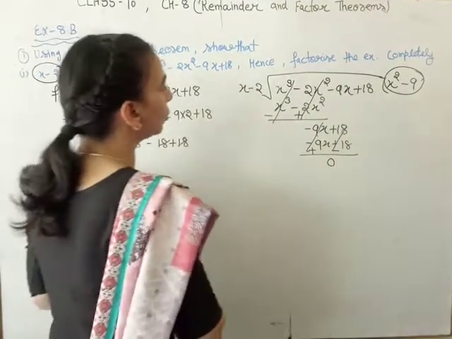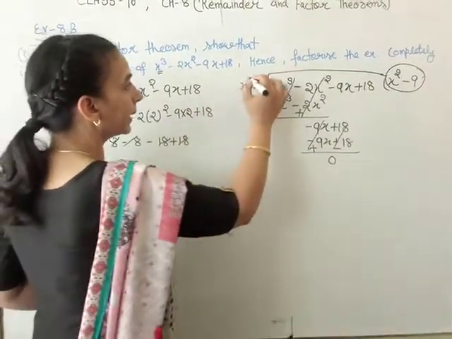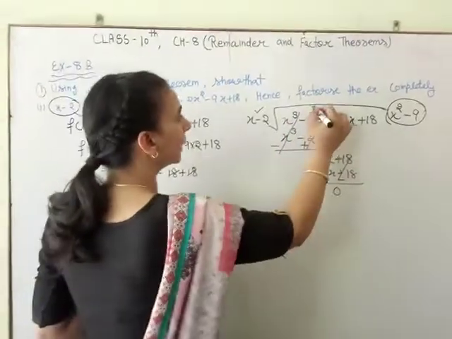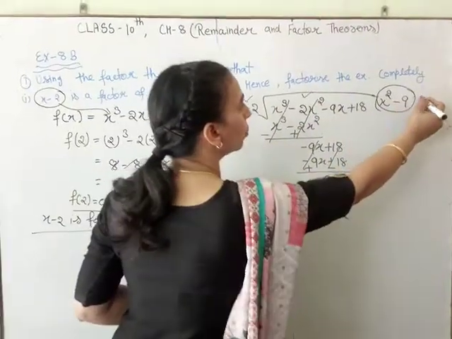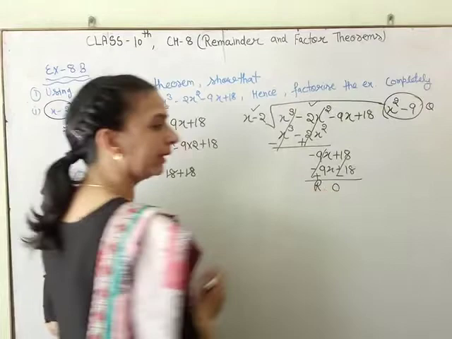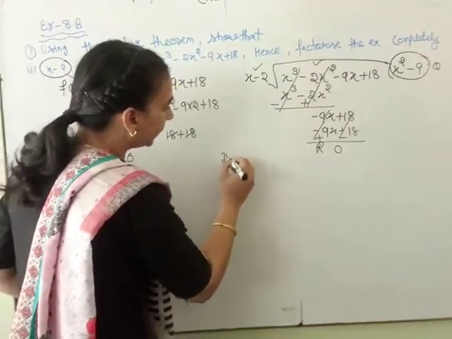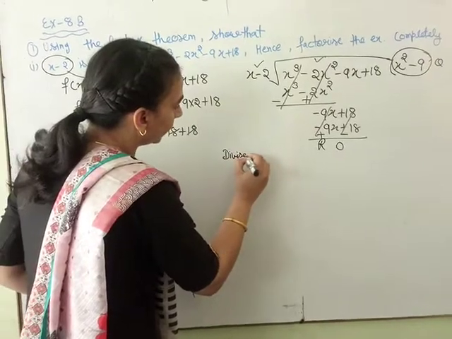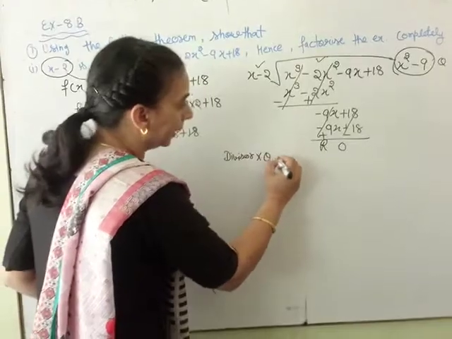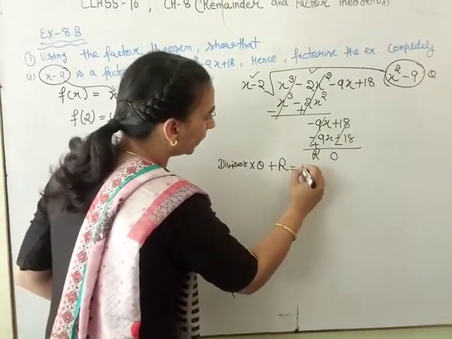And we know that, student, this is the divisor, this is the dividend, this equals the quotient, and this equals the remainder. And we know that divisor multiply quotient plus remainder equal to dividend.